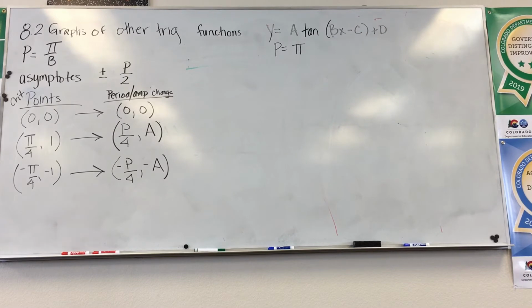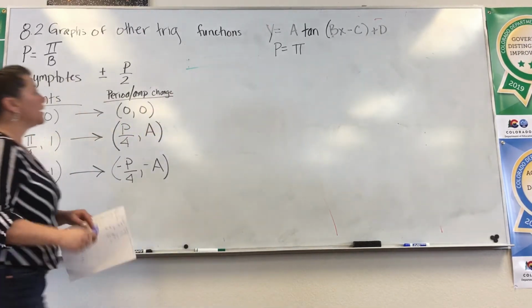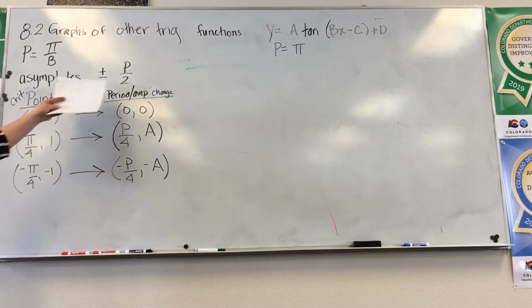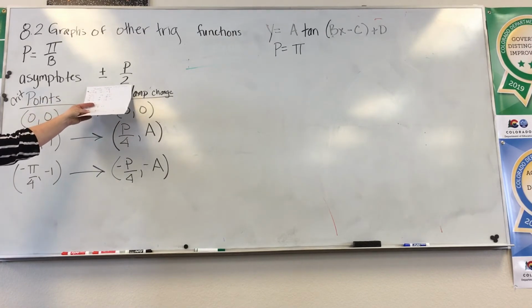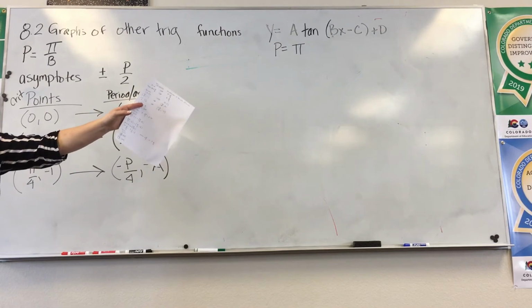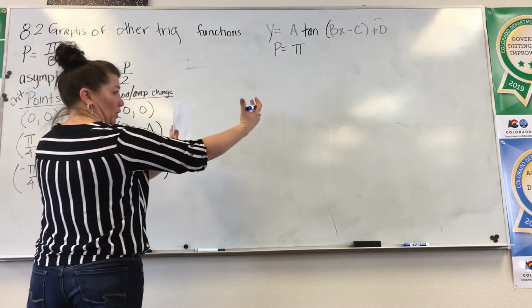Okay, so now we have to think about what happens when we have a vertical and a horizontal shift. If we have a horizontal shift, not only do our critical points change, but what else is going to change? Your asymptotes are going to change, because that whole graph is just moved over.